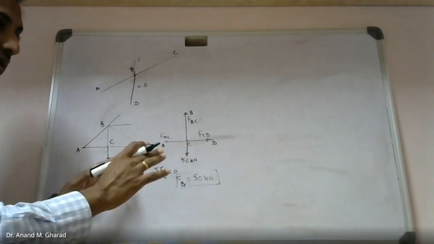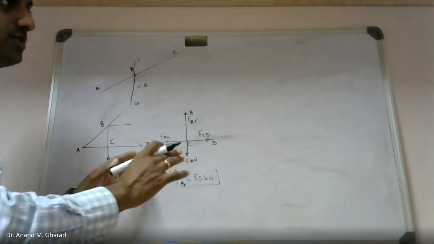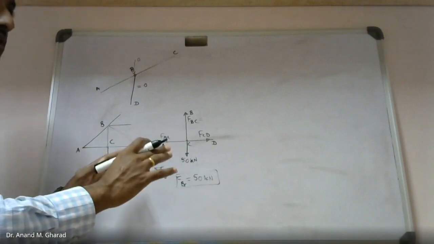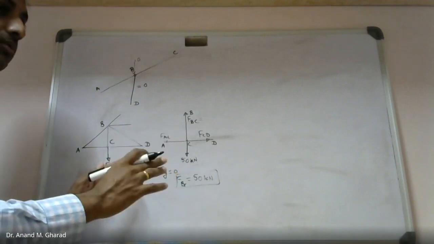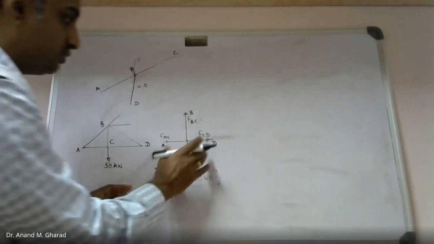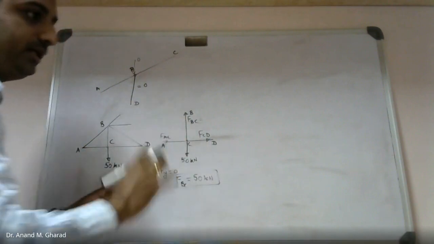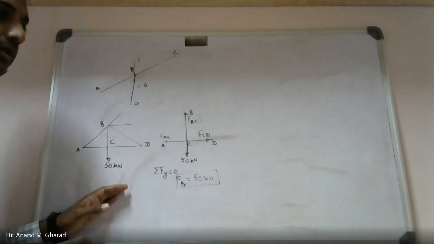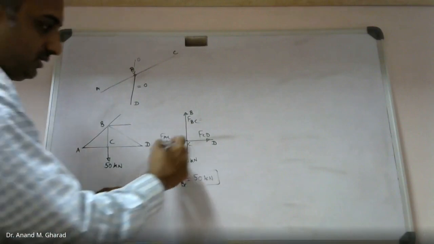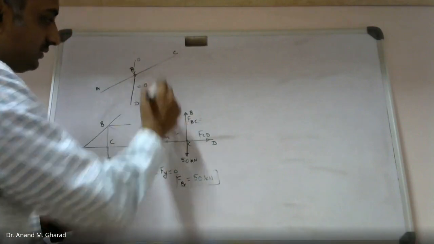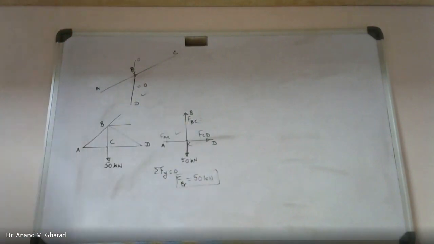Although it will look like more number of forces are acting on the truss and there may be more number of unknowns, but by using such situations, we can eliminate most of the unknown parameters and we can say that yes, using these conditions, we can identify the unknown values. So let us try to use this knowledge and try to solve the numerical.